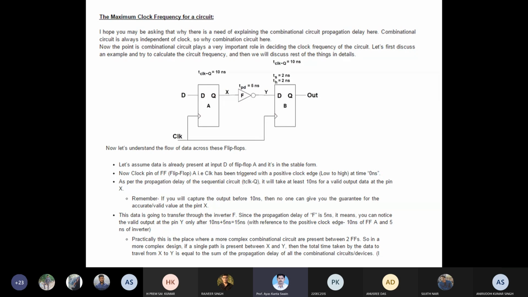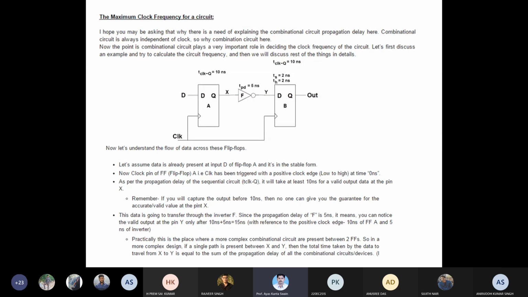Registers are there for storing purposes, so the combinational block we cannot avoid. It will be there mandatorily in between two flops. People sometimes call flip-flops just flops.